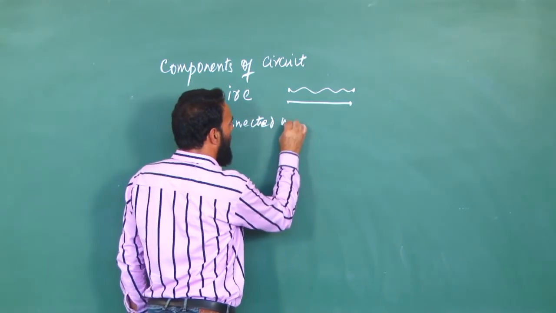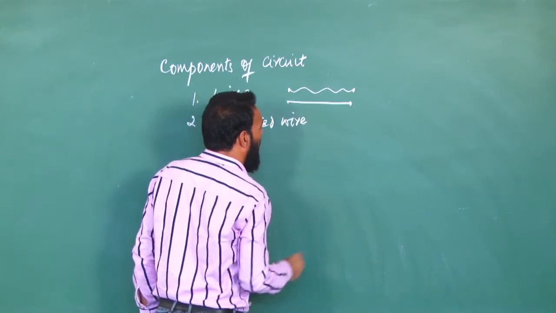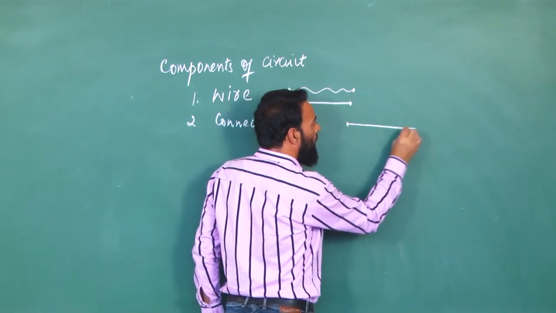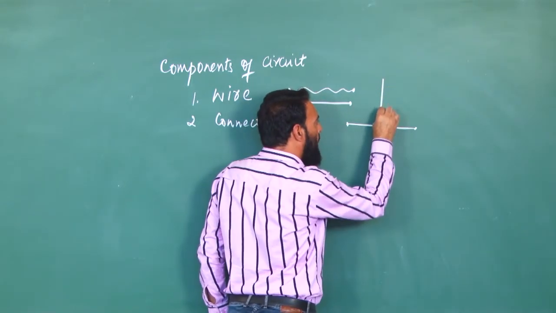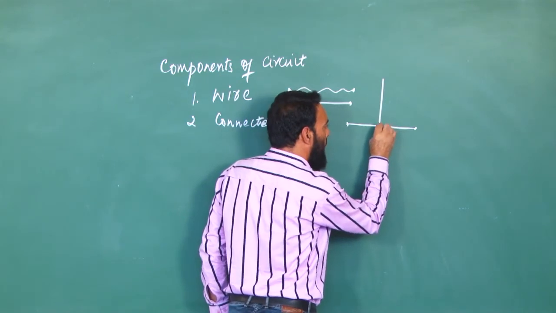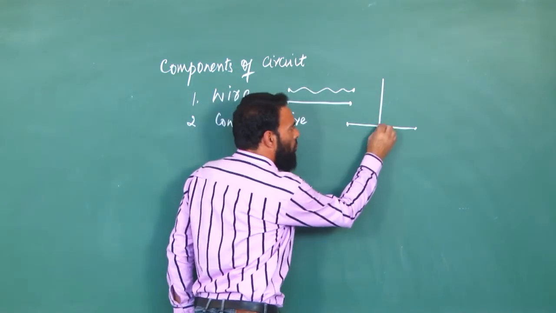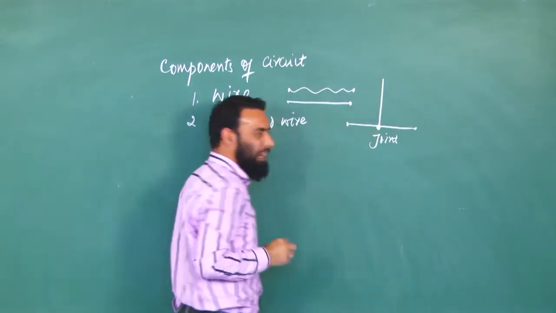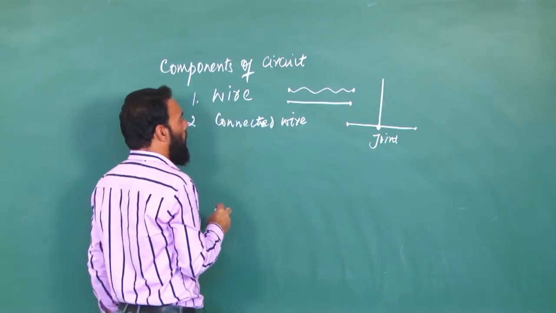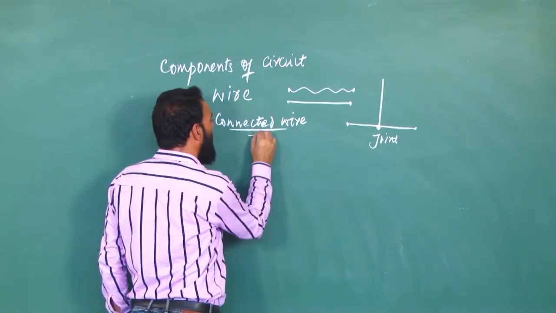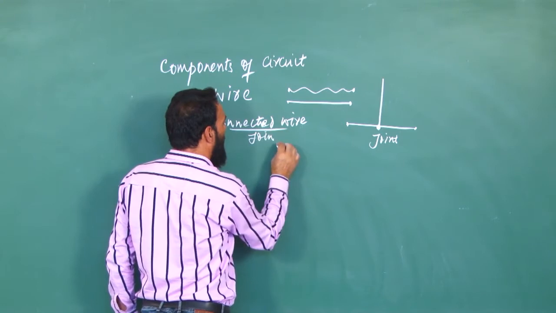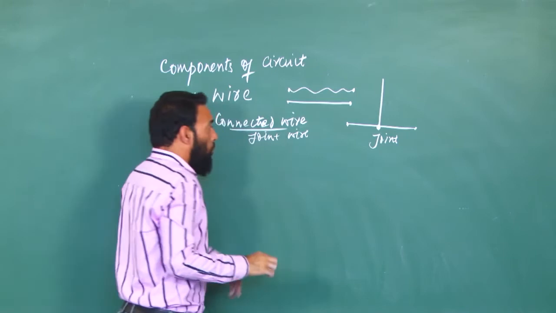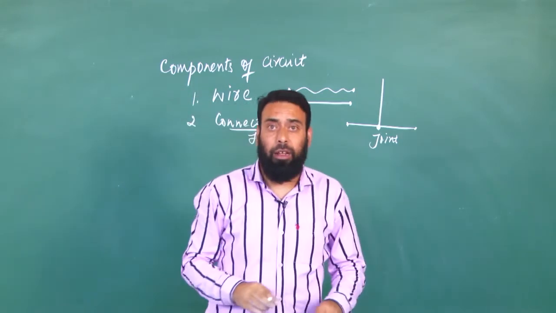For example, this is one wire and this is another wire and they are joined here. So this join we call a joint. This is the connected wire, also called a joined wire.